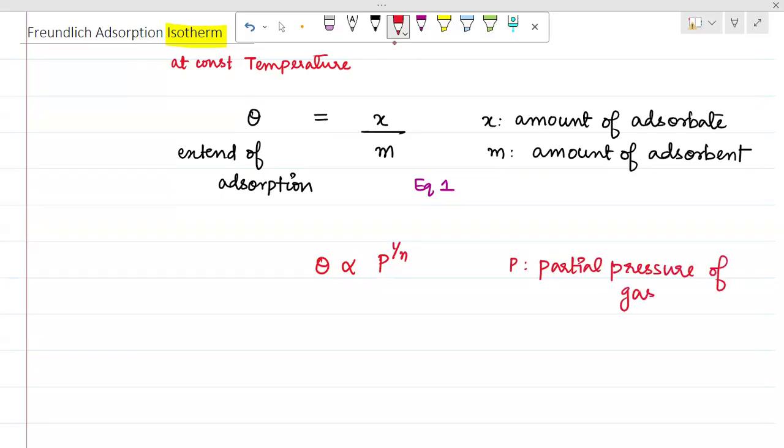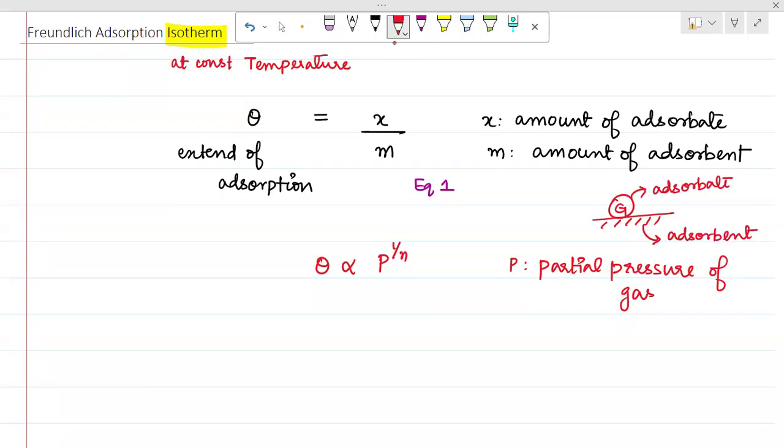So if you have a solid surface, and on the solid surface you have certain gaseous molecules being adsorbed, this is the adsorbate, this is the adsorbent, and P is the partial pressure of the adsorbate.